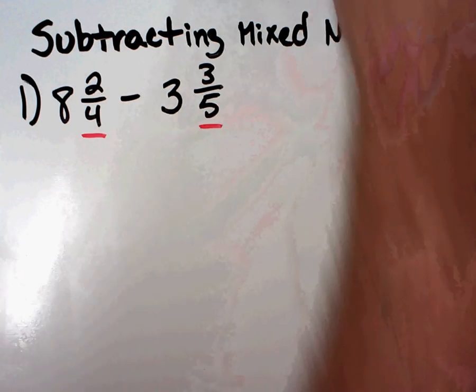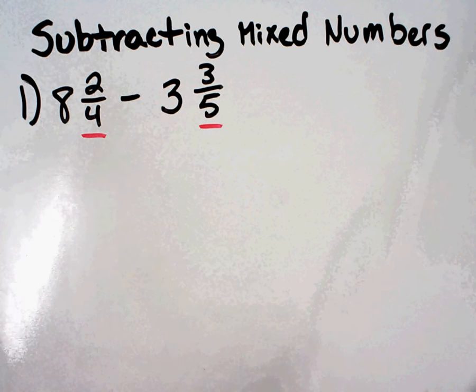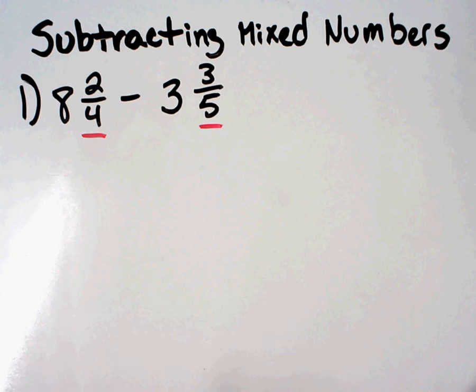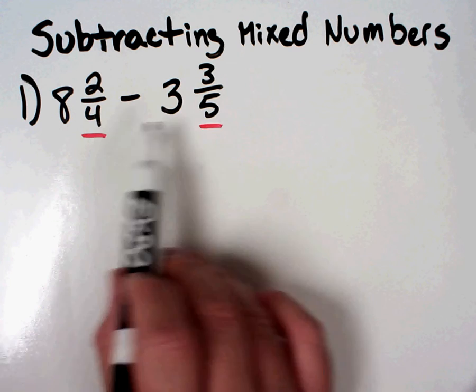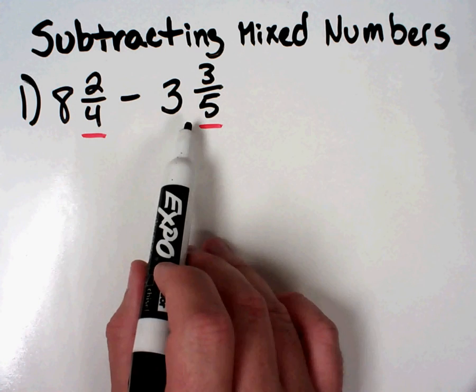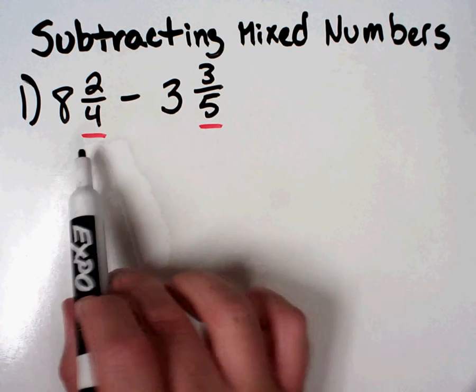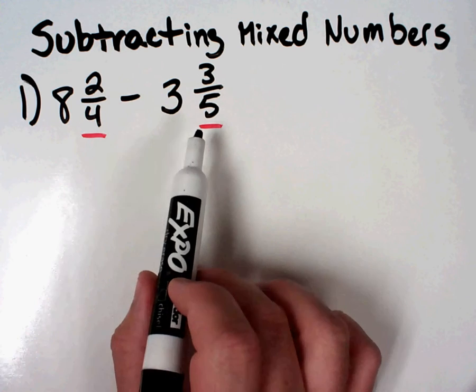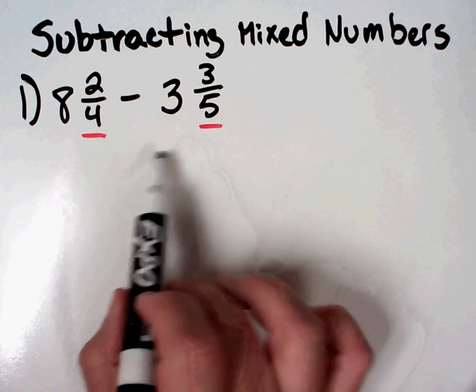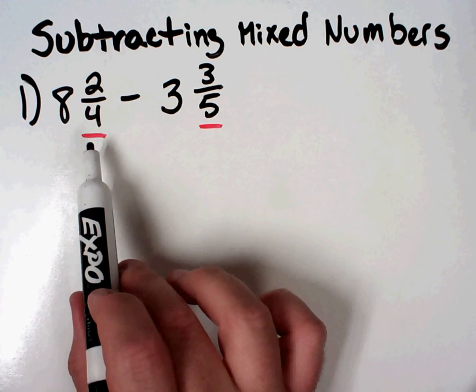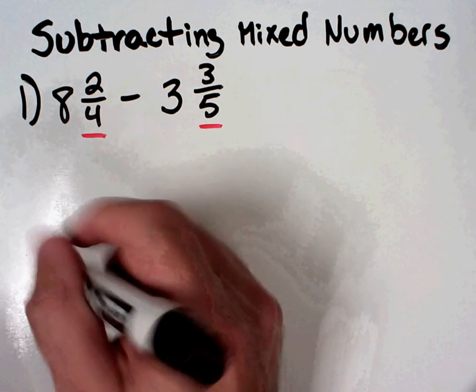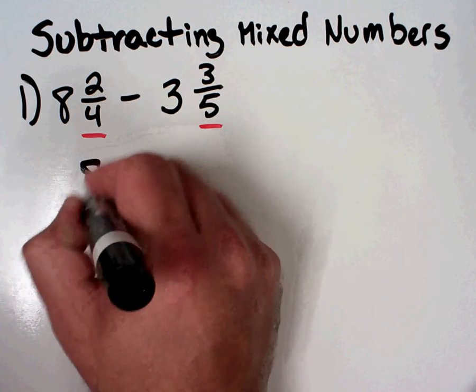Because of that, I have got to come up with a common denominator. The easiest way is to simply multiply the two denominators together. There will be some cases where we could do something a little bit different, but if we just get in the habit of multiplying the denominators, that's a method that we can use anytime, and we don't have to worry about trying to figure it out.